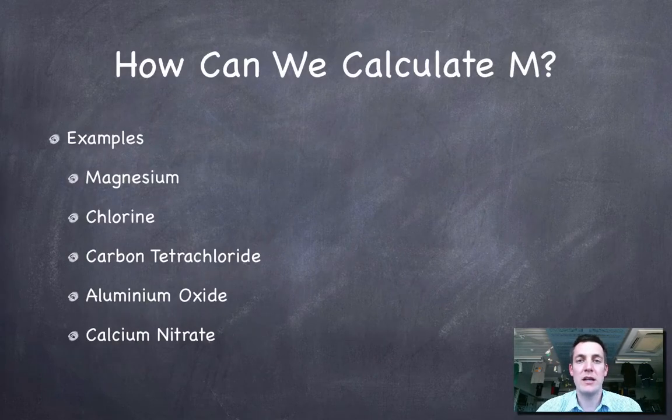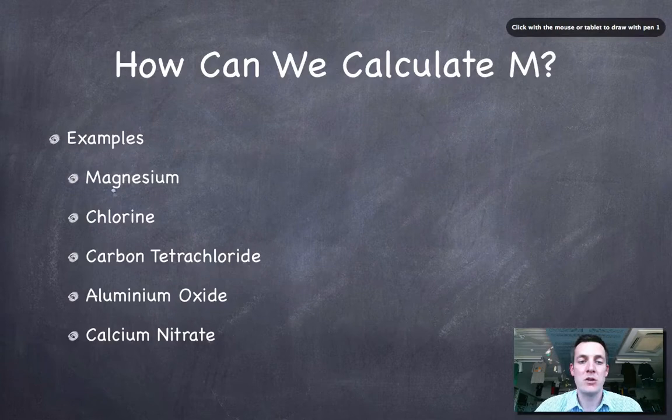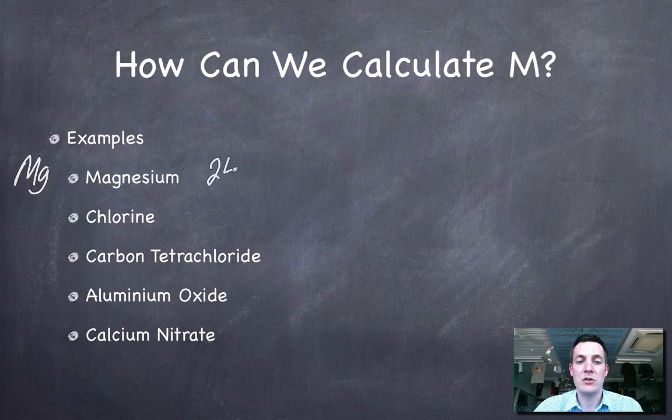Now to calculate big M, or the molar mass, or the formula mass, we need to know what the formula is. So what's the formula of magnesium? Well, it's Mg. If I look up in the periodic table what the relative atomic mass of magnesium is, it's 24.30.